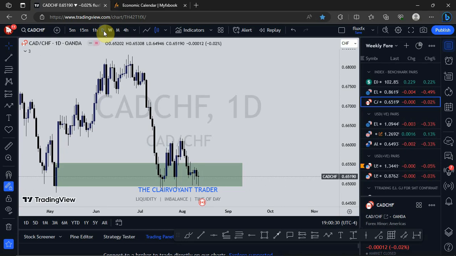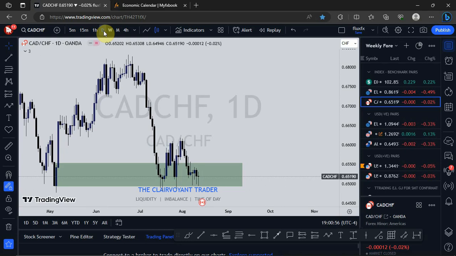I've grouped my watch list into the negative USD correlated pairs and the positive USD correlated pairs. Within the positive USD correlated pairs, I have USD CAD and then USD CHF. So there's the need for me to look at CAD CHF.